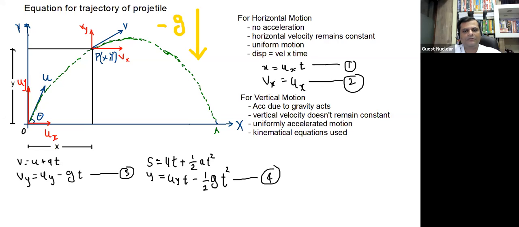Okay, and now let us try to apply the third kinematic equation in vertical motion. What is the third kinematic equation? It is simply v square is equal to u square plus 2as, correct? So this is our third kinematic equation.